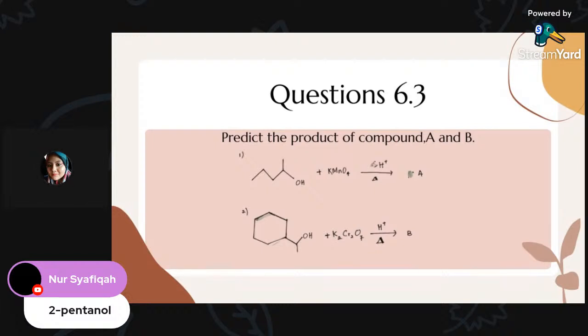Okey, kita ada cyclohexane. Cyclohexane sebagai substituents sebab apa? Functional group ada pada chain ni. So, apa nama dia produk ni? Cuba jawab. Cuba predict nama.